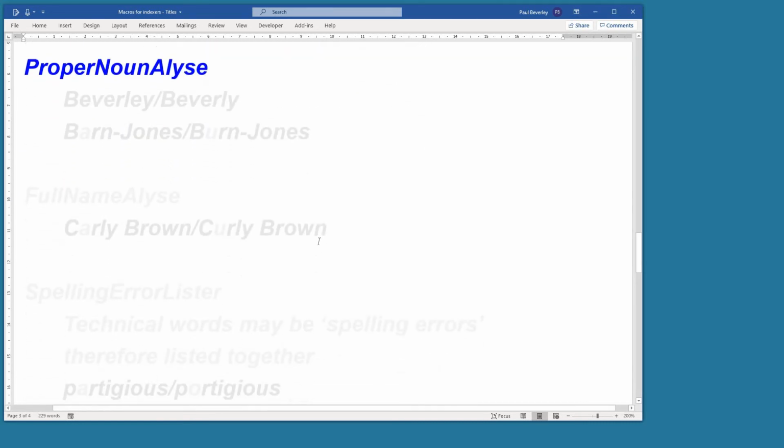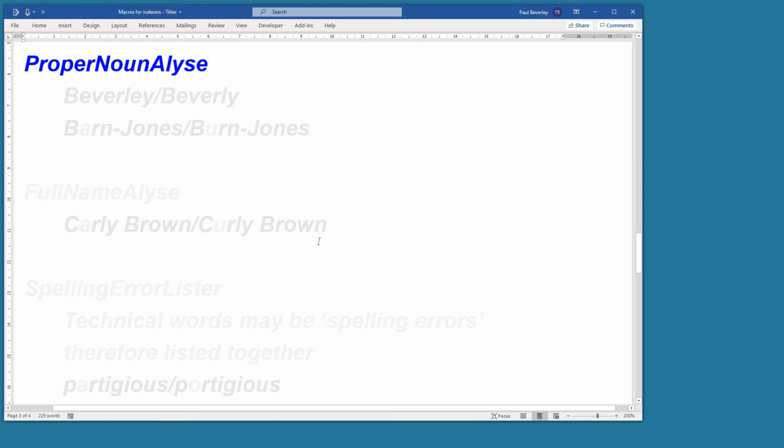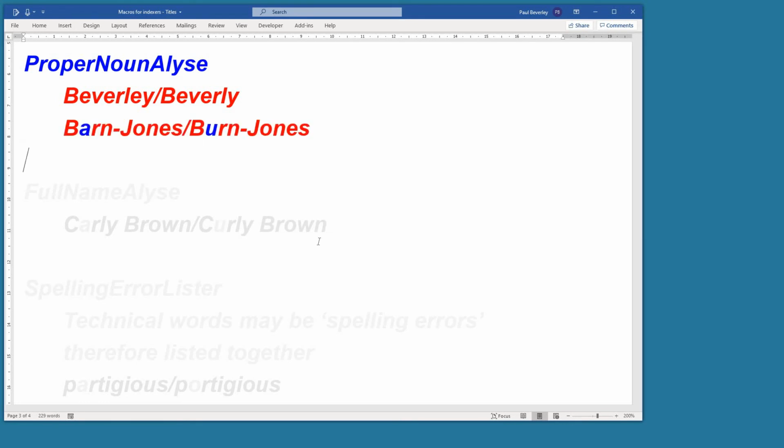Well, first and most obvious, I think, is ProperNounAlyse. Okay, it would help you to spot Beverly and Beverley, spelt without an E, but they would be close together alphabetically anyway. But what if the names were something like Barn Jones and Burn Jones? Okay, they're spread out amongst the proper nouns.